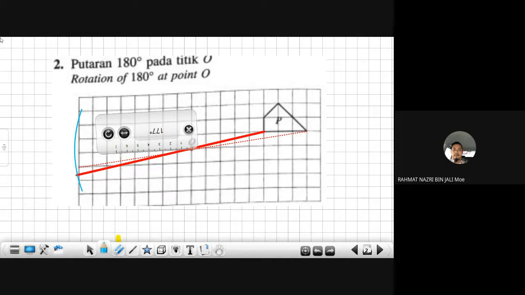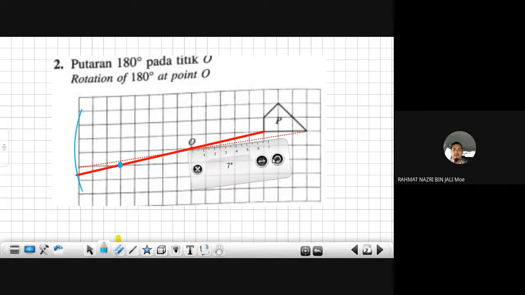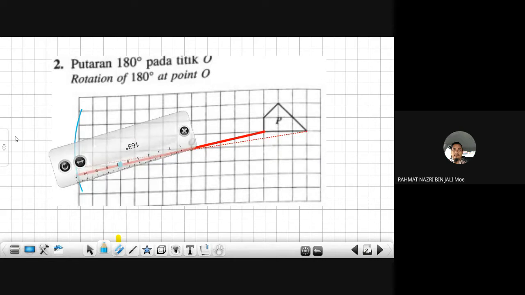The image will be here. Okay, 1. Okay, yang kedua. Okay, let me measure this one. How long is this one? 10.5. Lebih kurang. Jadi saya measure 10.5.